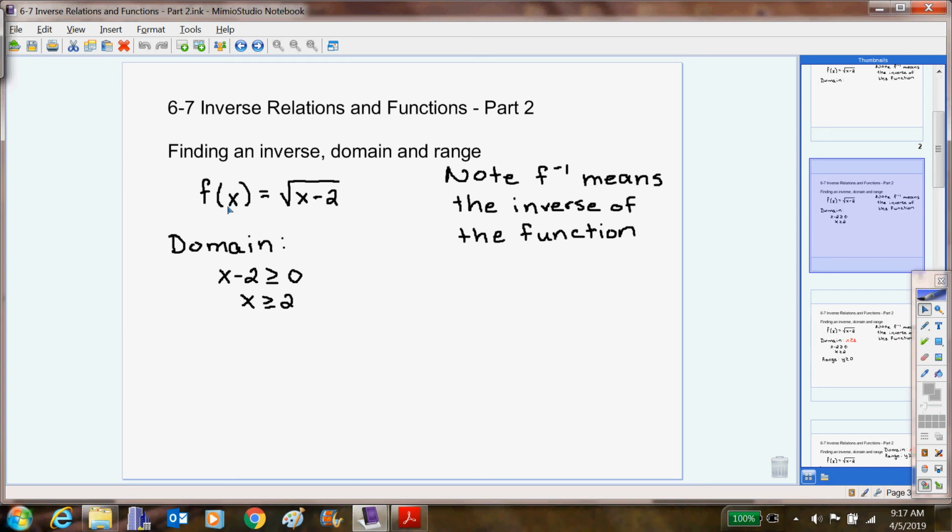Positive or negative? Positive. You'd have to get all positive answers if you're taking the square root of a positive. So that means our range, if we think of this as y, has to be all the numbers greater than or equal to 0. So as we think it through, the domain is all the x values, so x is greater than or equal to 2, and the range is all the y values, so y is greater than or equal to 0.